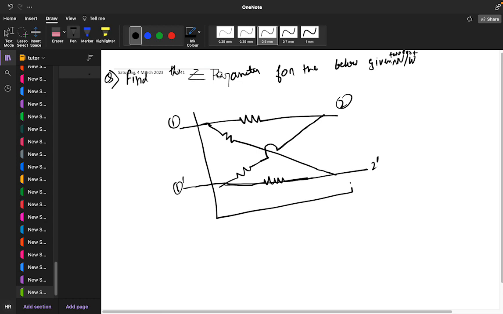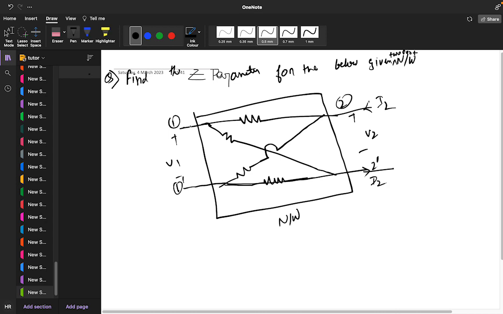This is your network, with plus minus V1 and plus minus V2, current I2 entering and leaving, current I1 entering and leaving, and the values are given as 4, 5, 5, 4. So you need to find the Z parameters.